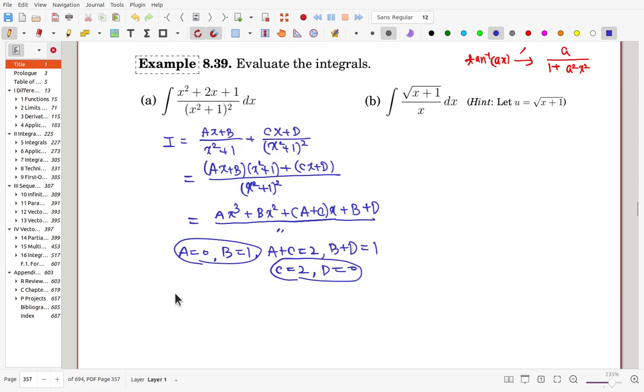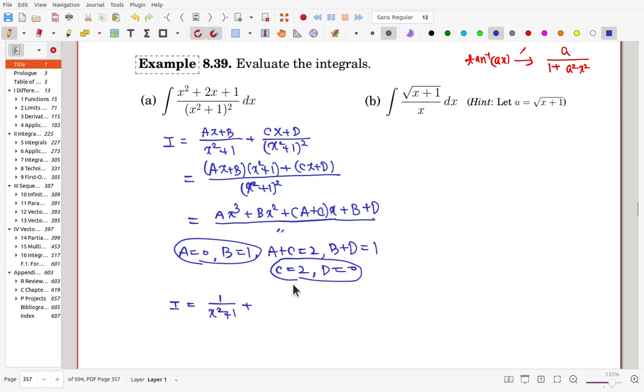So we rewrite the integrand. Since a is 0 and b is 1, the antiderivative of 1/(x² + 1) is arctangent of x.